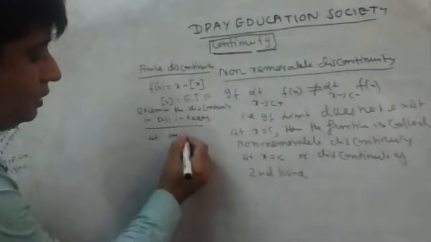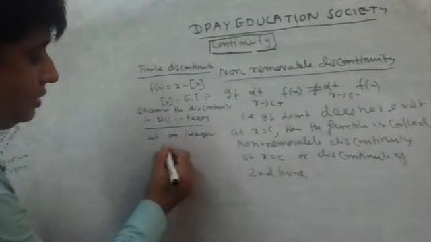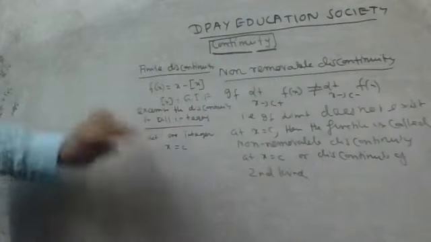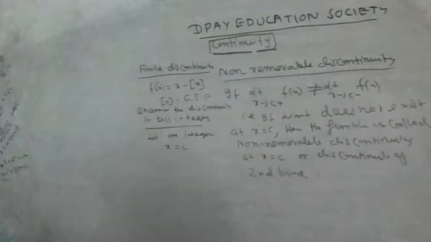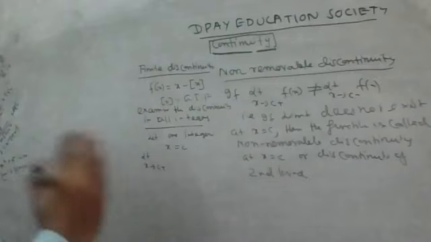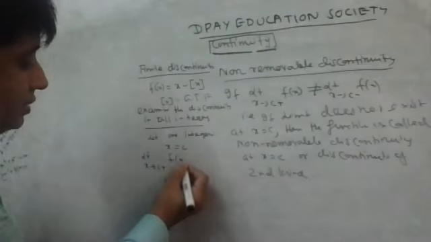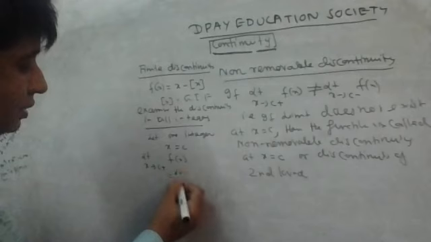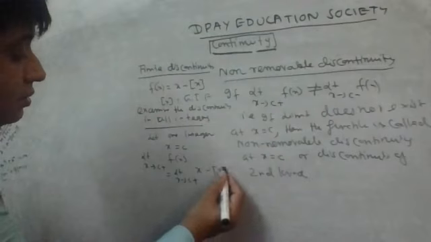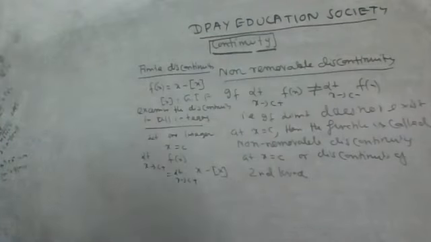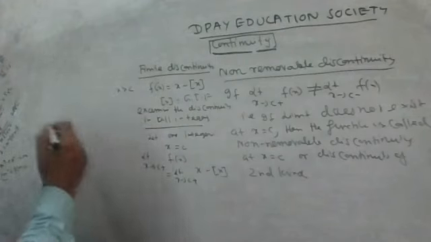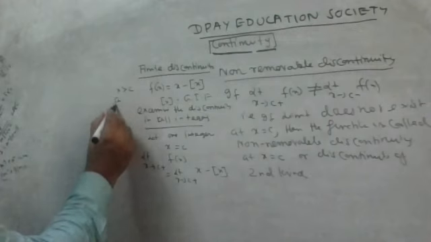Let one integer value, x is equal to c, and I will examine the continuity, discontinuity at this point. So let us take x tends to c plus, means right hand side of c, f(x). What is that? Limit x tends to c plus of x minus [x]. X tends to c plus means x greater than c, then what will be [x]?